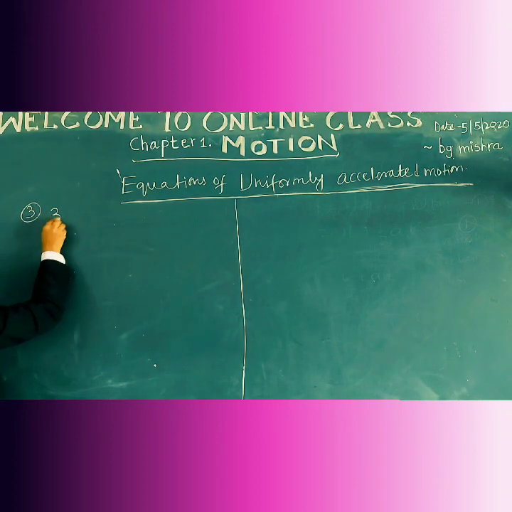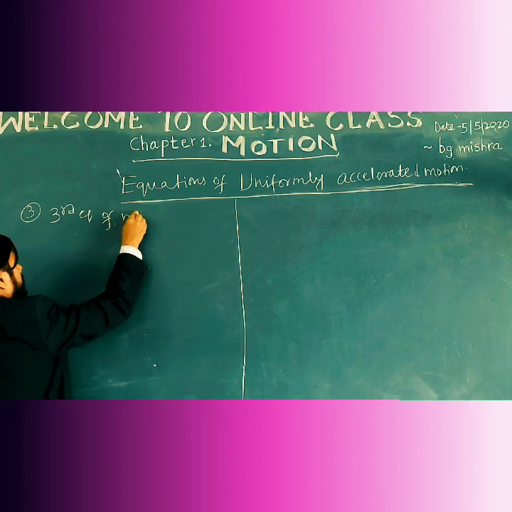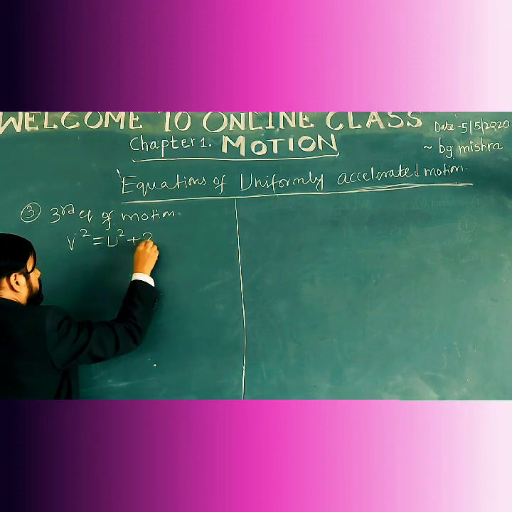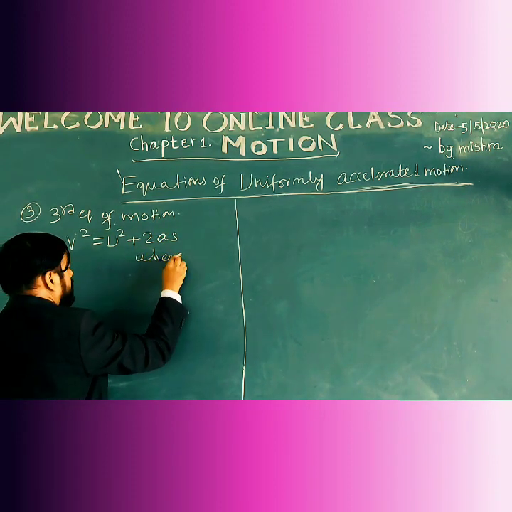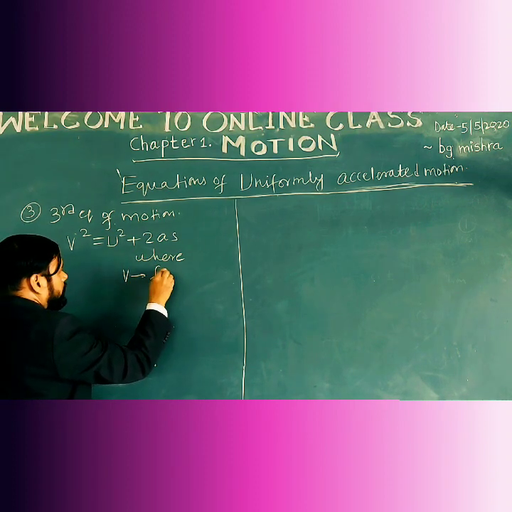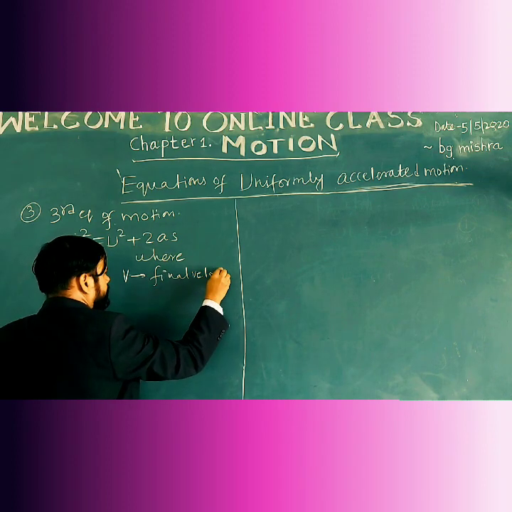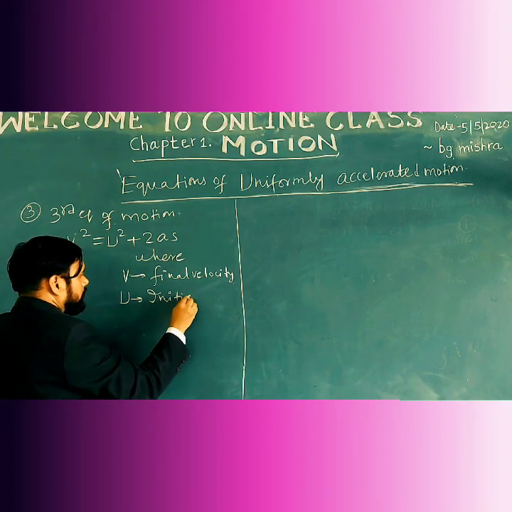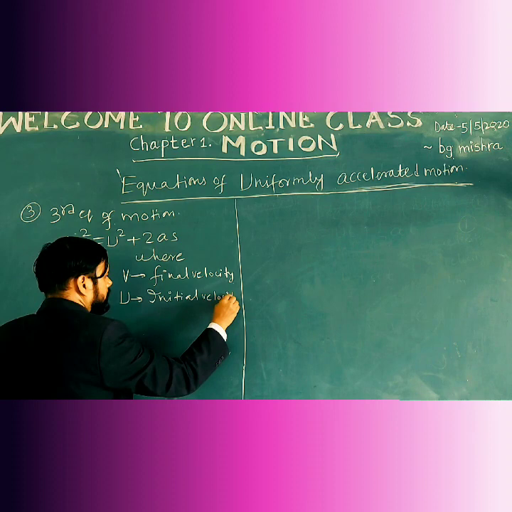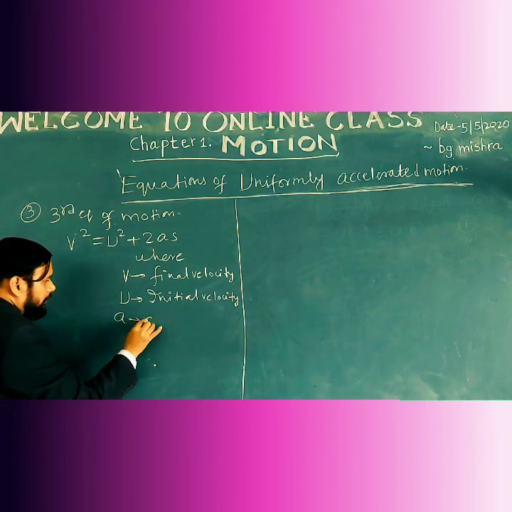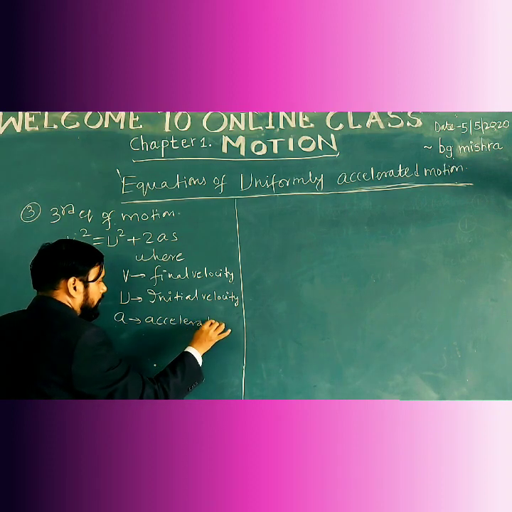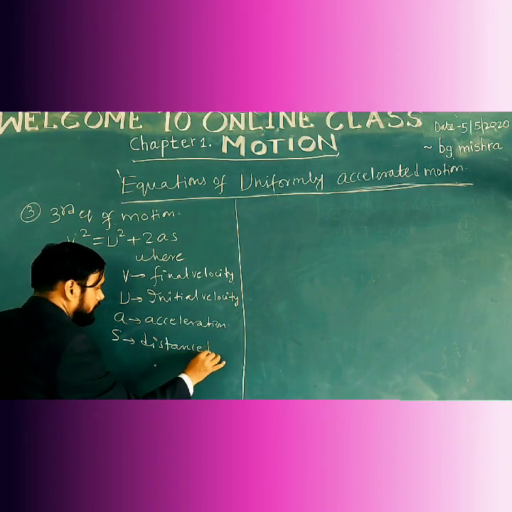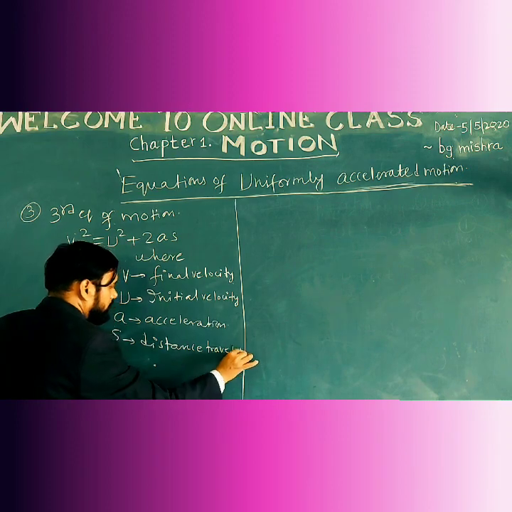So write third equation of motion, that is V square equals U square plus 2AS, where V is final velocity, U is initial velocity, A is acceleration of a body, S is distance traveled.